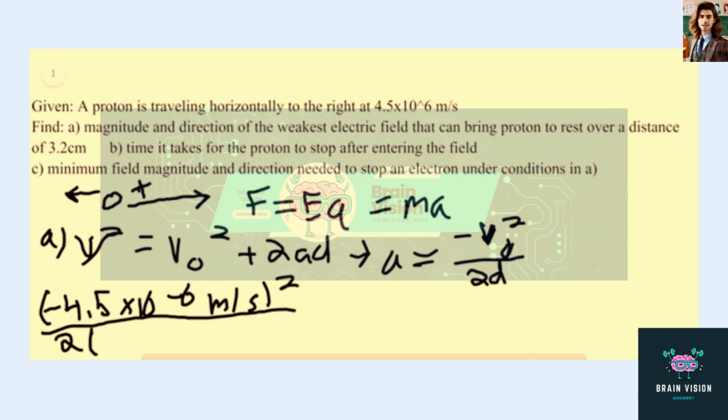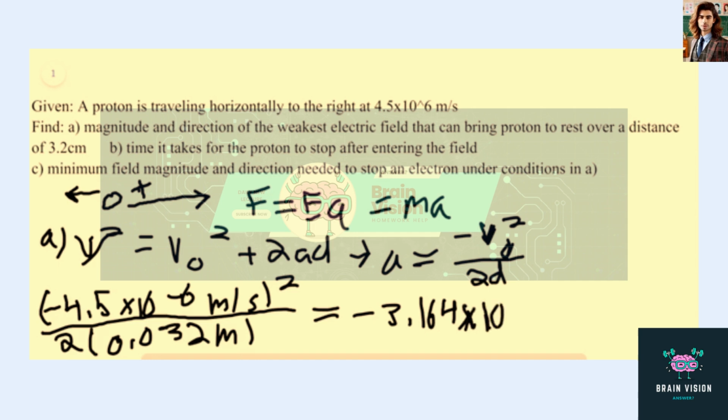So we have to convert that, and we get 0.332 meters. And that's going to give us an acceleration of minus 3.164 times 10 to the 14th meters per second squared. So that's our acceleration.